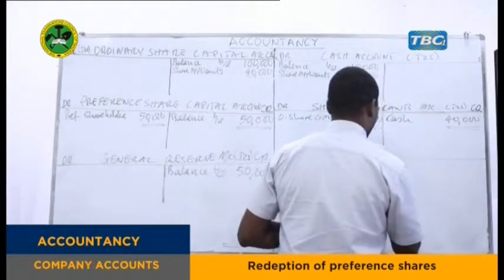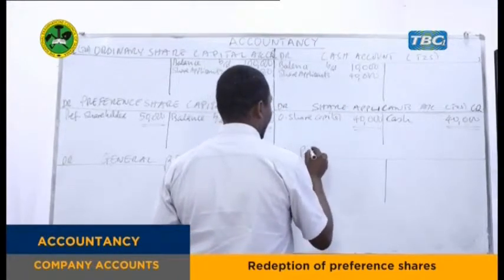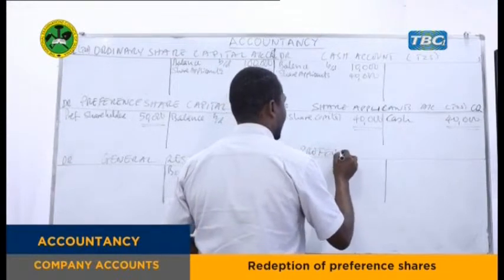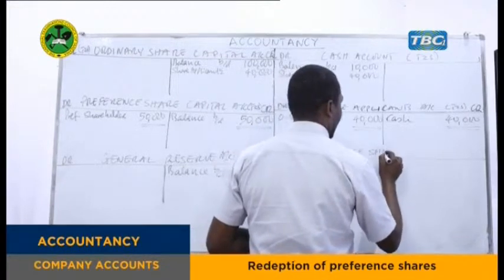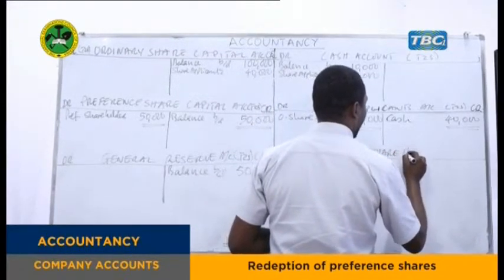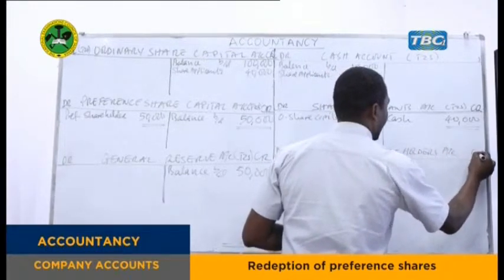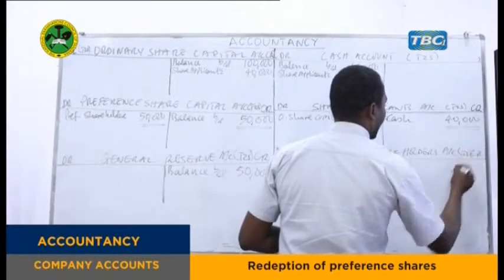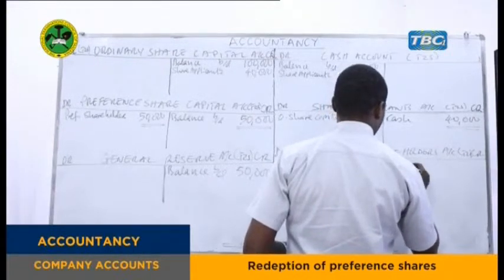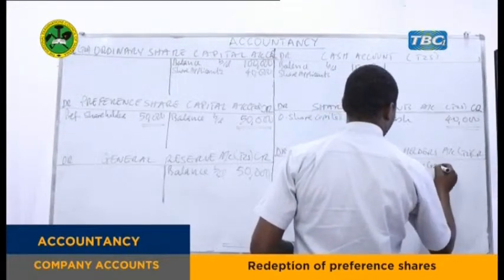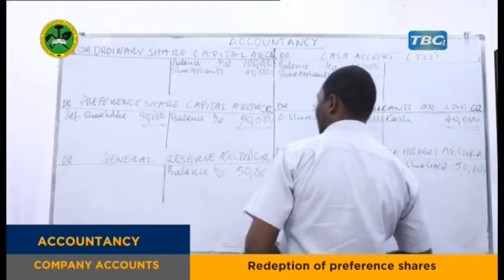So we open up an account for redemption, that is the preference shareholders account. Remember the amount in TZS. So from preference share capital account, how much? 50,000. Okay.